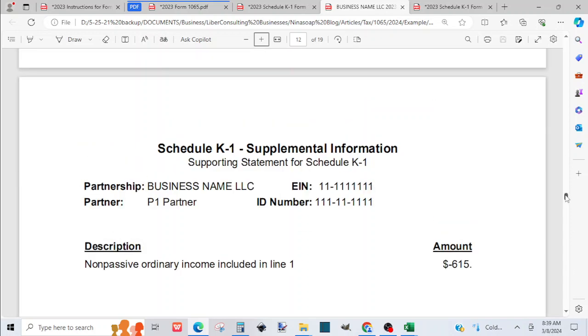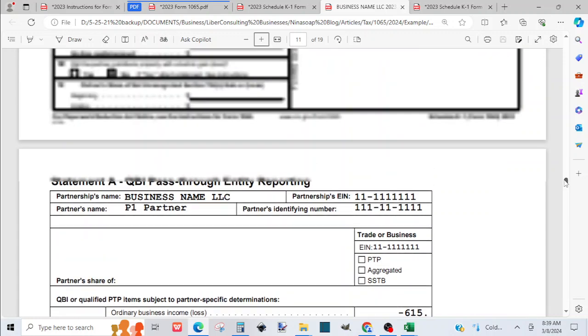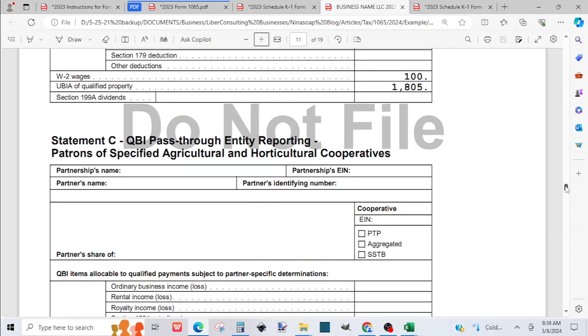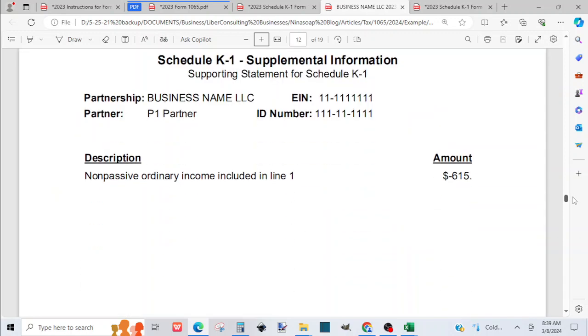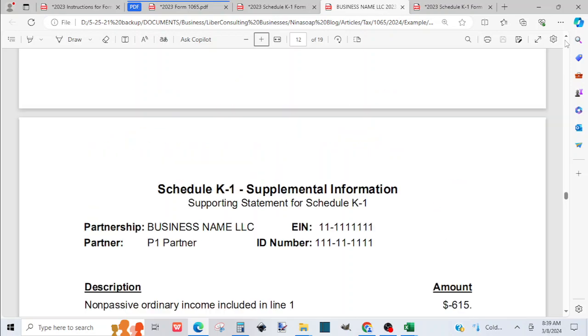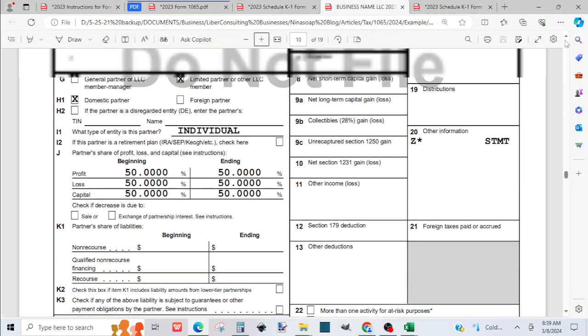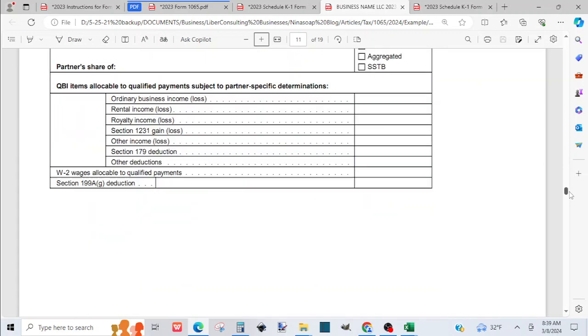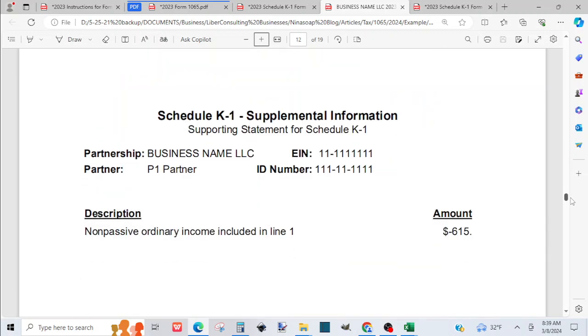And the QBI statement A is completed. Then we'll go to the attachment. The asterisk they have on there, they have none. Just go back. Then they have the attachment to specify that income is non-passive ordinary income included in line 1. That is that amount. So they'll have that for both partners.